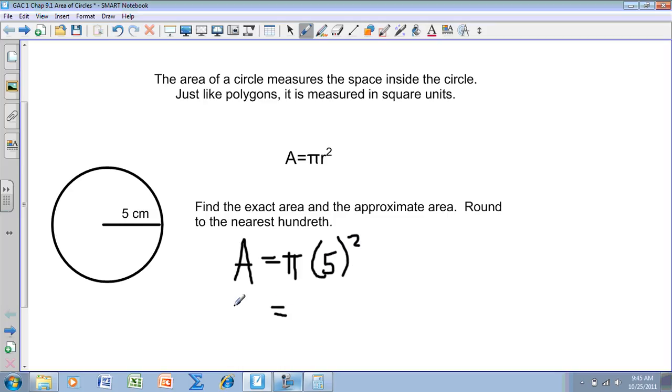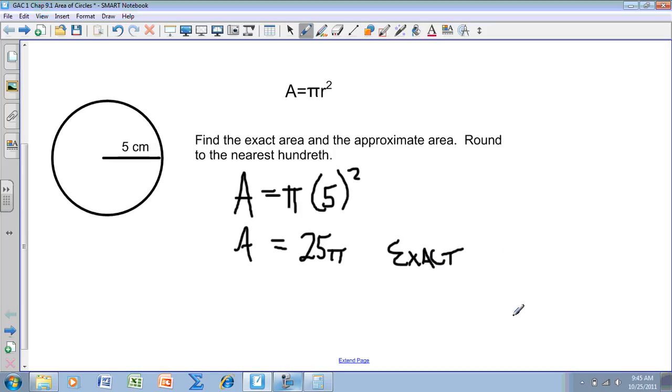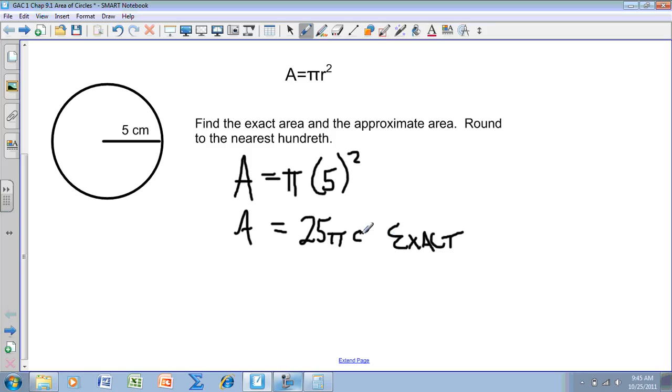Well, what is 5 squared? That's 25, isn't it? Okay, and so if we left it as 25 pi, we would have an exact answer. And by the way, the label would be centimeters squared. All right, that's an exact answer.